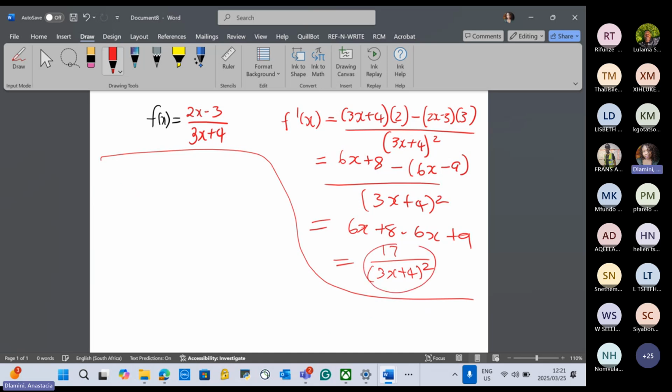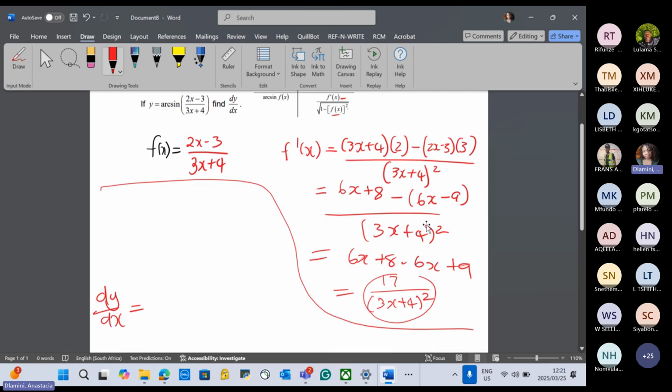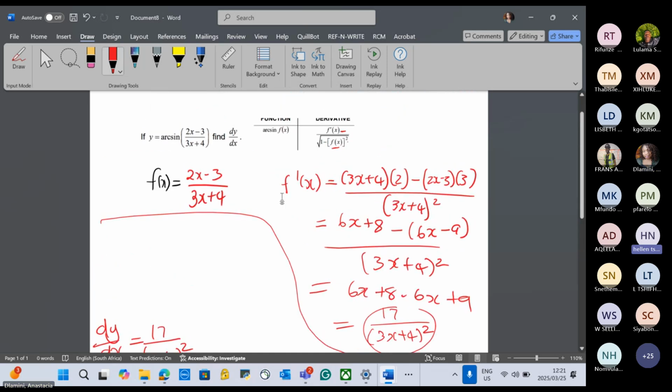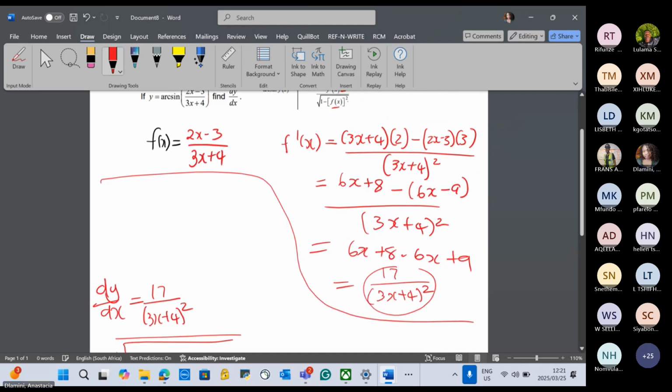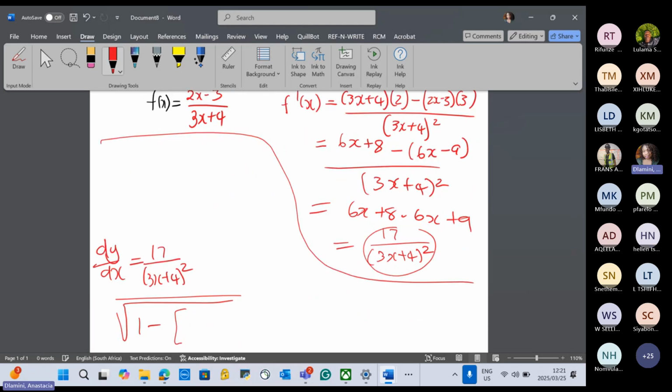So they say dy, let me write it here because I need space. dy over dx is equal to the derivative, which is 17 over 3x plus 4 squared, divided by the square root of 1 minus 2x minus 3 over 3x plus 4 squared. Are we all together there, yes or no?